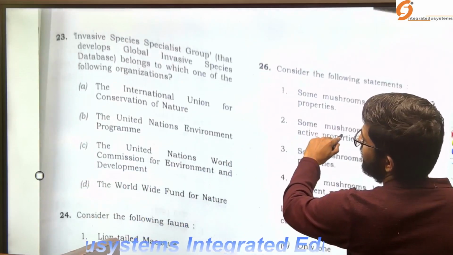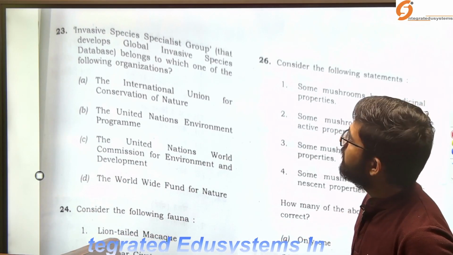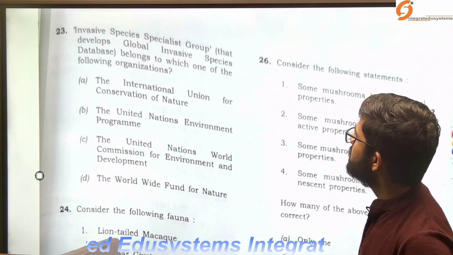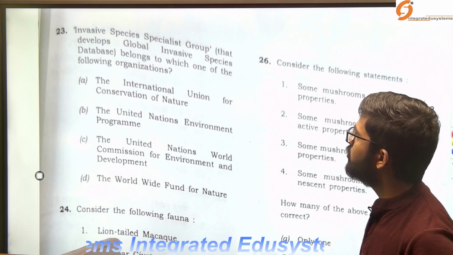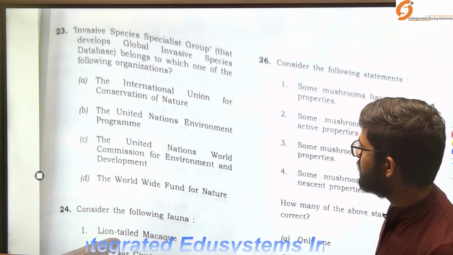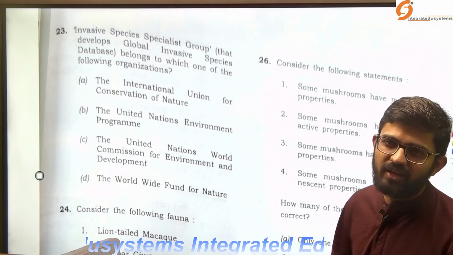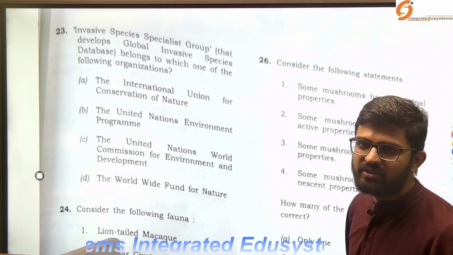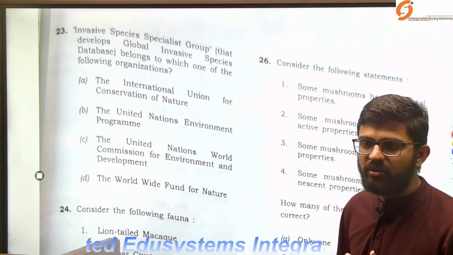So question 23: the Invasive Species Specialist Group that develops the Global Invasive Species Database belongs to which one of the following organizations? See, with respect to IUCN, we read the Red Data Book and different data, and we understand that one of the data authorities with respect to this is IUCN.